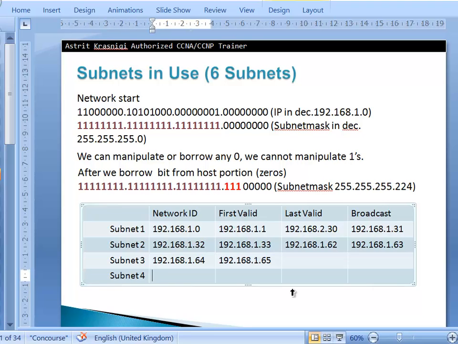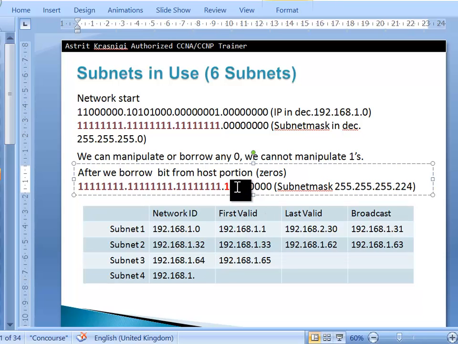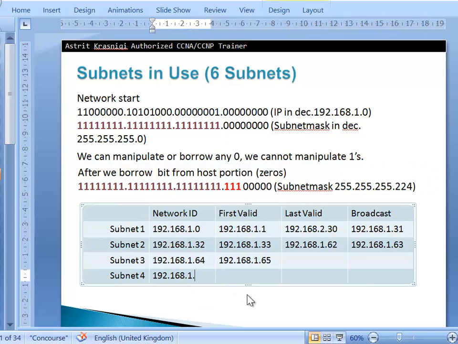Subnet 4 network ID is going to be 192.168.1.64 of subnet 3 plus 32 here. This is very important, this number here is representing 32, so we're going to add 64 plus 32 is 96.